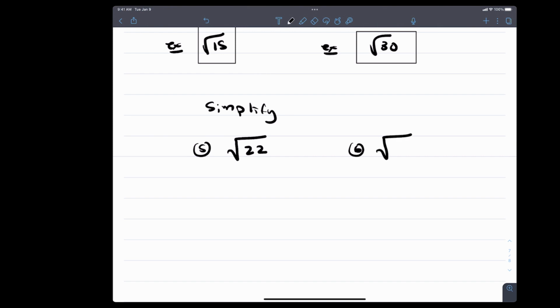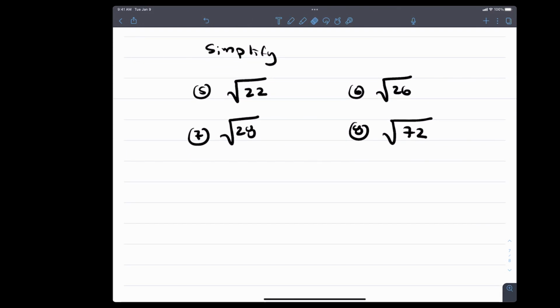Square root of 26, 7. Square root of 28, 8. Square root of 72. We'll give you guys some time for these as well. Let's see what you get.